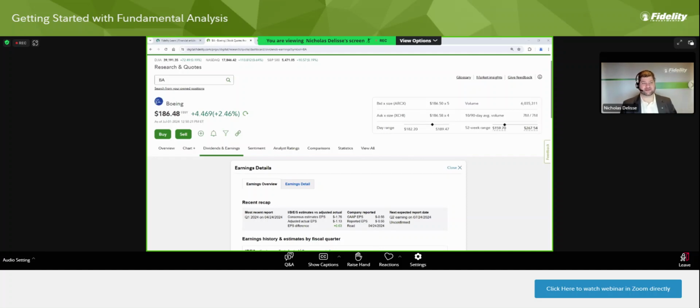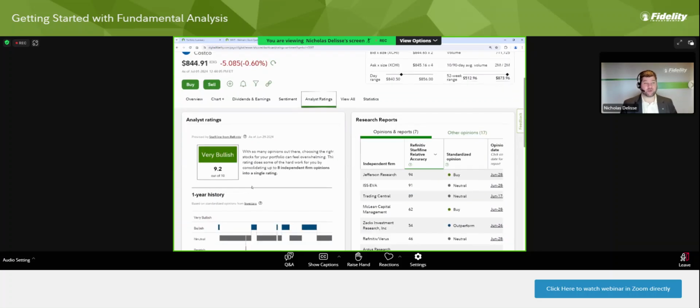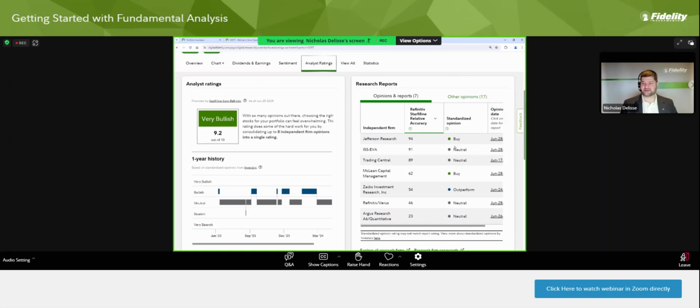A lot of people ask us, well, does Fidelity have a rating? And the answer is, really, not really. We're not like some of the other big full service firms. We are a discount brokerage, whereas Goldman Sachs or Merrill Lynch might have a buy, sell, hold rating. The closest we get is the equity summary score, and this is powered by StarMine. We've had it for quite a bit of time. What it does is it takes a lot of other firms' opinions.